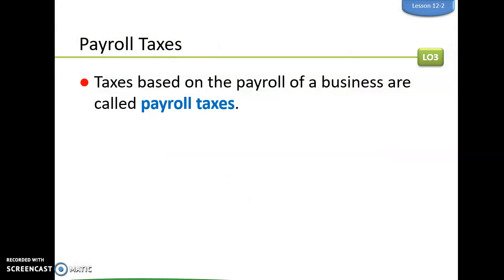So as I mentioned yesterday, when you get your check and it's not the amount you thought it was going to be, you realize that there were taxes and deductions taken out. And we're going to talk about how we calculate those and why we have to calculate those. So federal income tax is withheld from employee earnings in all 50 states.